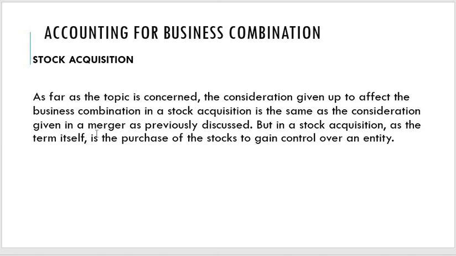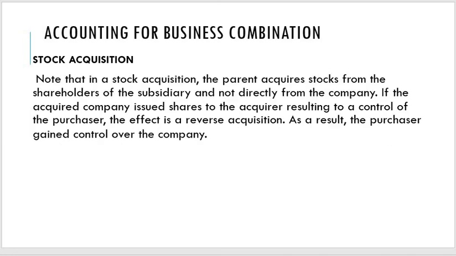over an entity. So note that in a stock acquisition, the parent acquires from the shareholders of the subsidiary and not directly from the company. So in a stock acquisition, the parent or the acquirer will acquire the issued and outstanding shares of the acquiree. So the acquiree will not issue additional shares.